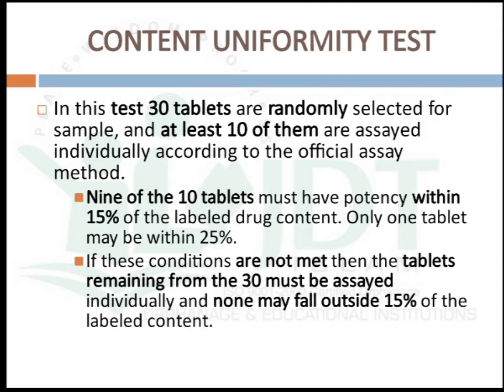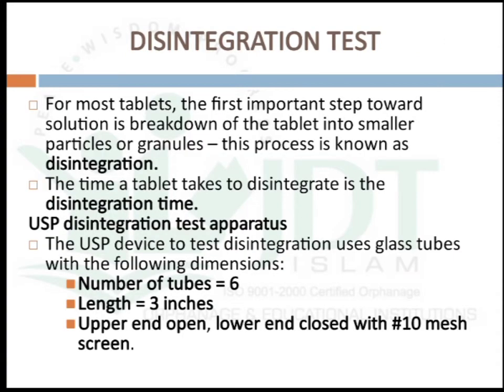So after this test, 9 of the 10 tablets must have potency within 15% of the labeled drug content, and only one tablet may be within 25%. If the conditions are not met, then the remaining tablets from the 30 must be assayed individually, and none may fall outside the 25% of the label content. So that is the content uniformity test.